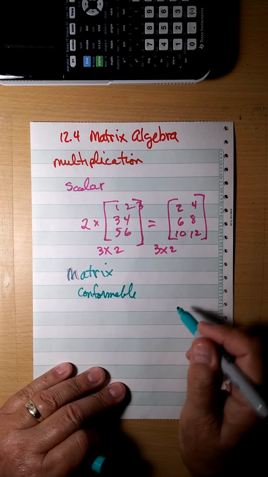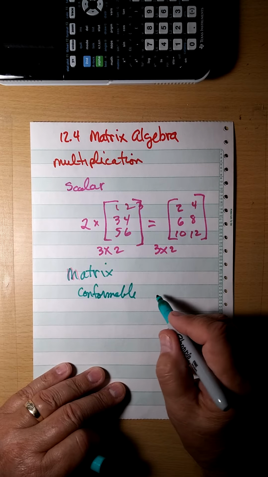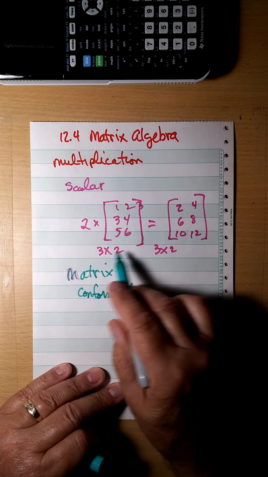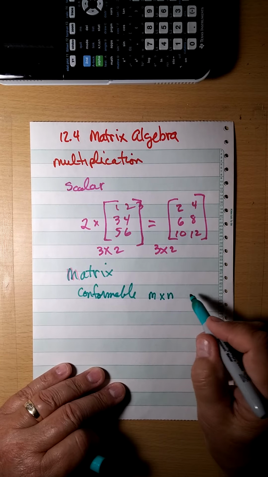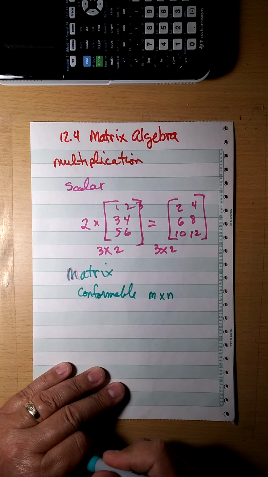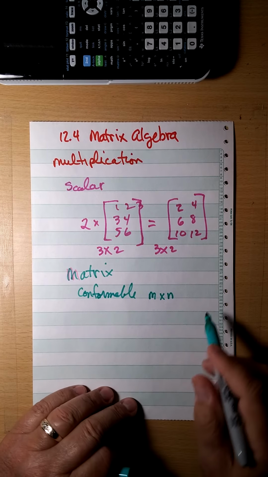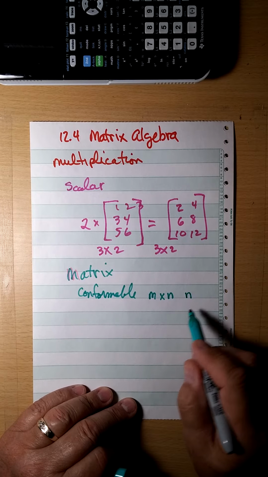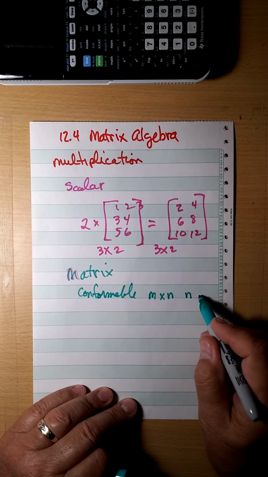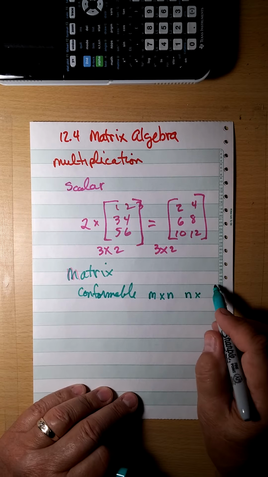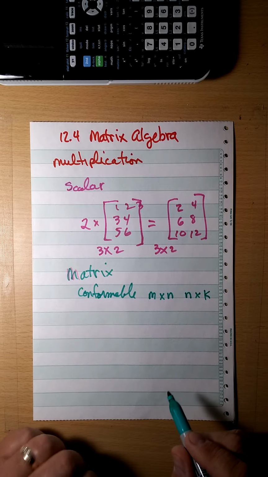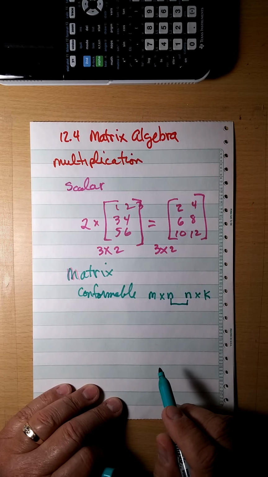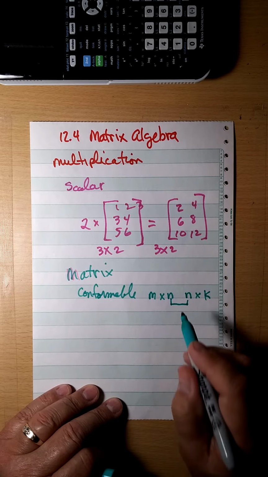Well, in order to multiply two matrices, let's suppose one is an m by n, like a 3 by 2. And if we want to multiply another matrix by it, these inner dimensions must be the same. It must be an n by something else. Let's call it k. This is what makes matrix multiplication conformable.